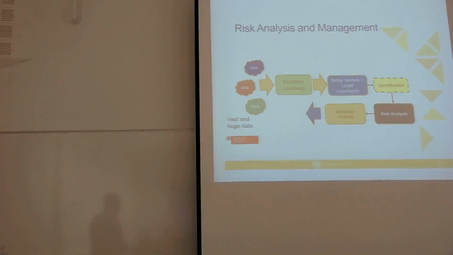Risk analysis and management. Before you go to any project, usually we need to study the risks and also the opportunities, of course. And we need risk analysis to reduce our uncertainty, because risks are associated with uncertainty. So as we reduce uncertainty, it becomes easier to make a decision.